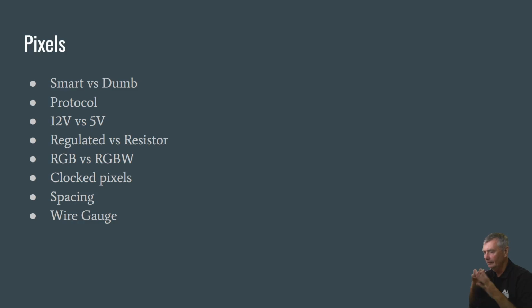Again, rarer. Clocked pixels, I talked briefly about that. So these are 4-wire pixels where they've got this extra wire, which is a clock signal. Generally speaking, I recommend you stay away from them, not because they're bad or anything else, but many of the controllers do not support clocked pixels. And so, if you're going with any of the FPP based controllers, none of them will support clocked pixels.